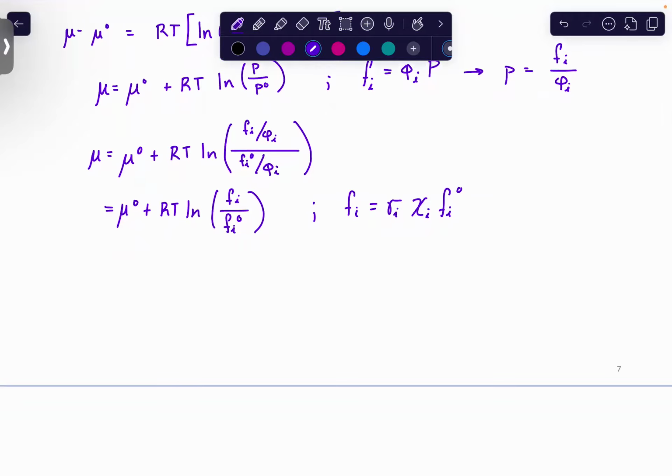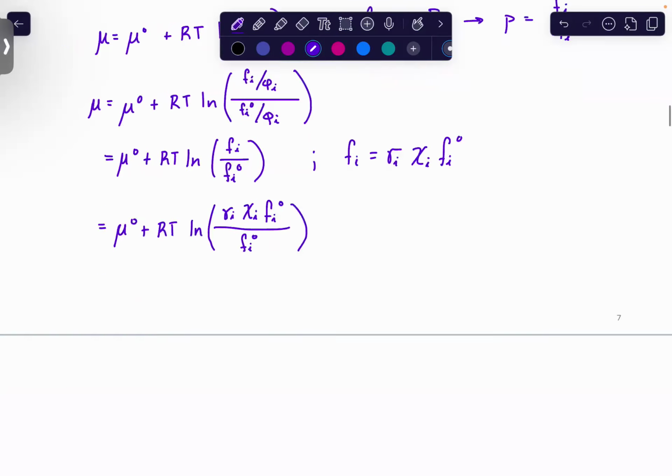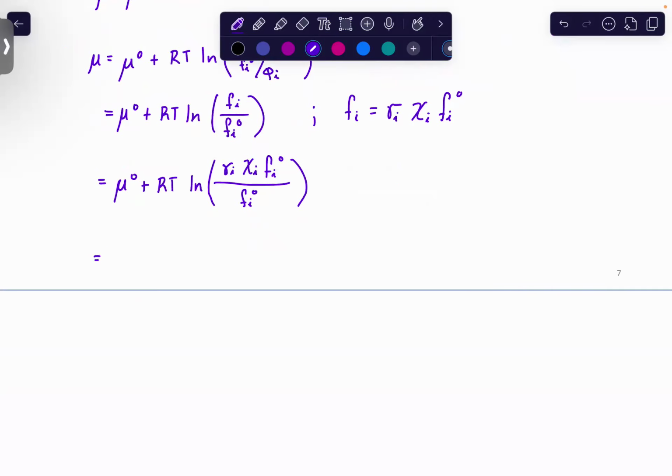Okay, and now the standard state fugacity is going to cancel out. Now we have our activity coefficient gamma multiplied by mole fraction.